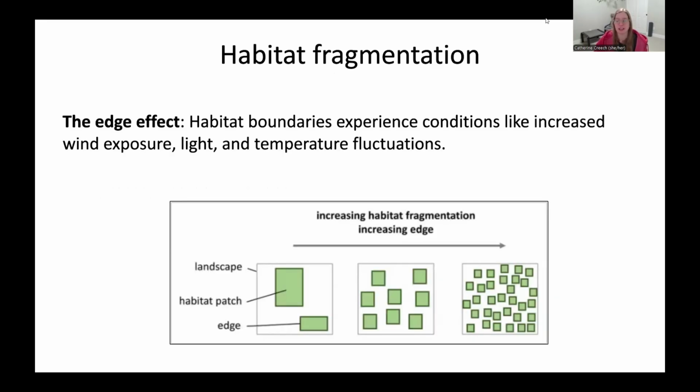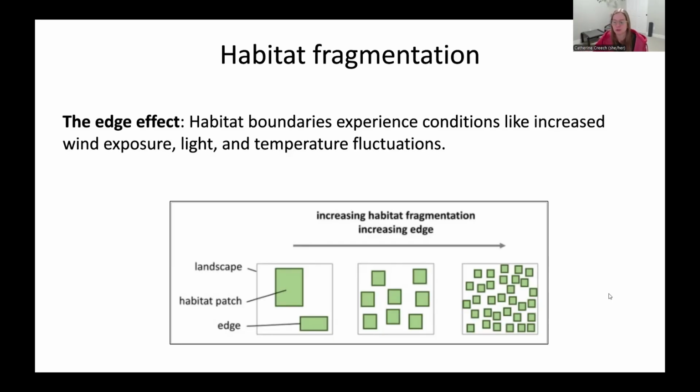Here's the edge effect. I have a diagram. The edge effect is when you take an area that had a higher interior volume to surface for the edges, and you break it into little pieces. So now the volume to surface area is smaller, and here the volume to surface area is even smaller.